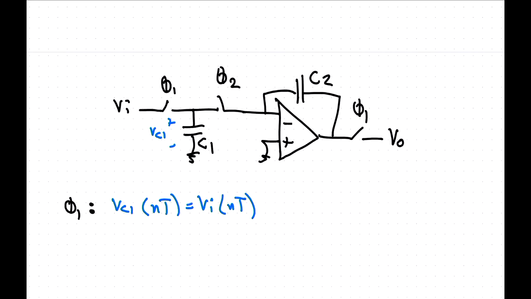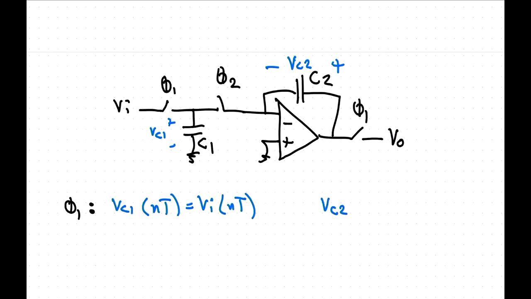At the end of clock phase 1 as well, we will have a voltage across C2, which I'll define like that, and this is going to be equal to the output voltage.